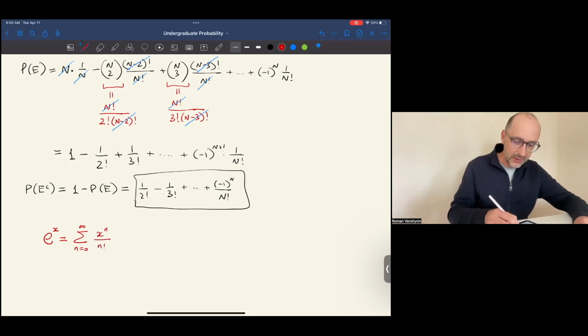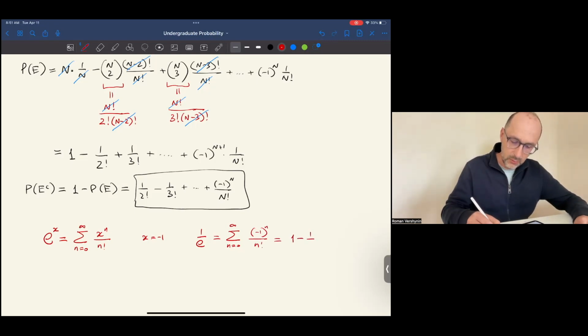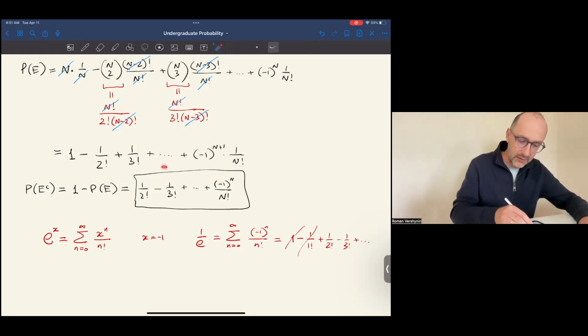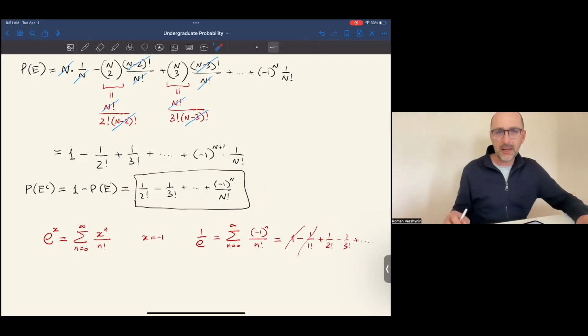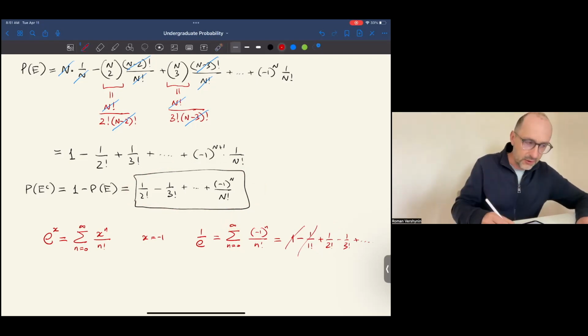In particular, if you let x be minus 1, we get e to the minus 1, which is 1 over e, equals the sum of (-1)^n over n!. 1 minus 1 over 1!, which is 1, plus 1 over 2! minus 1 over 3!, and so on. This cancels, and we get this. Except in the Taylor series, the sum continues past n, but it converges to 1 over e.